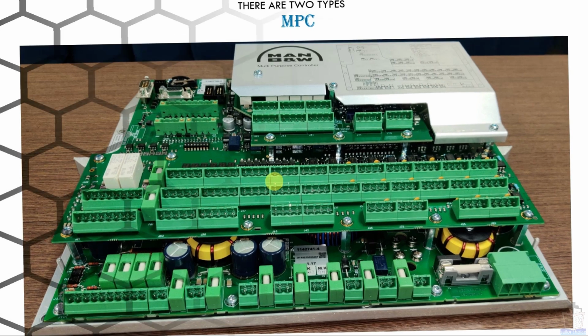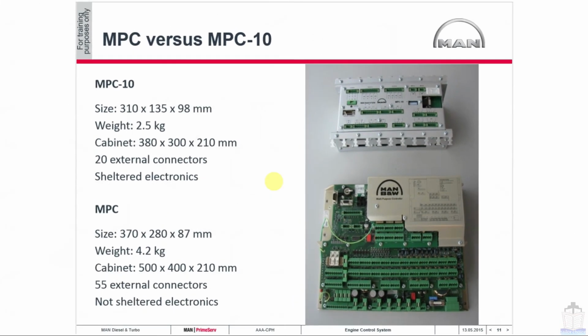Now, moving to our next topic, that is the difference between MPC and MPC 10. So, here I have summarized some differences. MPC 10 size is this much, weight is 2.5, cabinet is this much. Cabinet means the box in which this MPC 10 can be accommodated. It has 20 external connectors. It is shelter electronics.